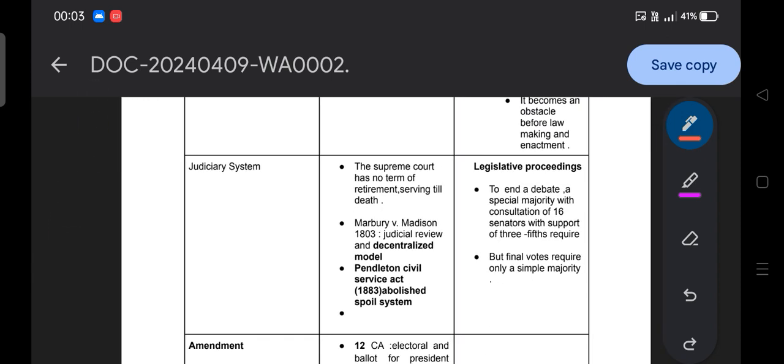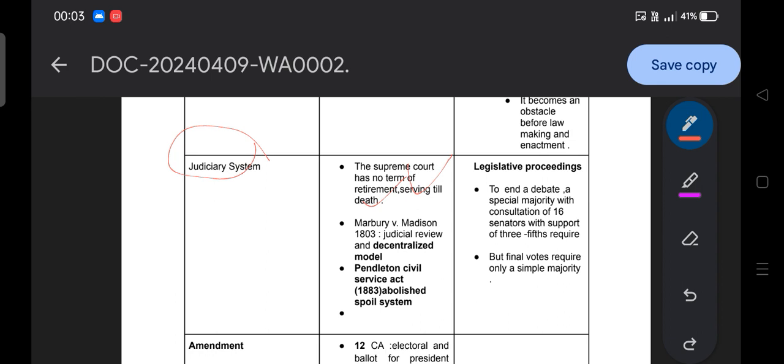Moving to the next, the judiciary system, and it's very interesting. In the judiciary system, the Supreme Court has no term of retirement, serving till death. So in the USA, a Supreme Court judge is appointed for a lifetime. There is no term of expiration, but in our India, the Supreme Court term is mentioned.